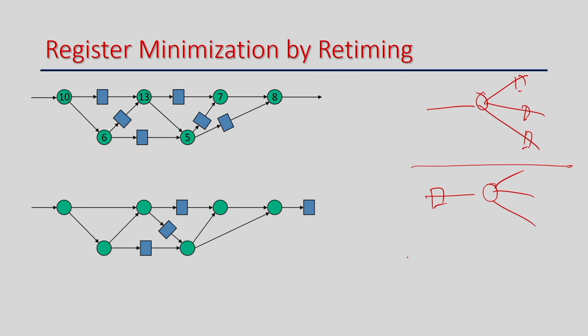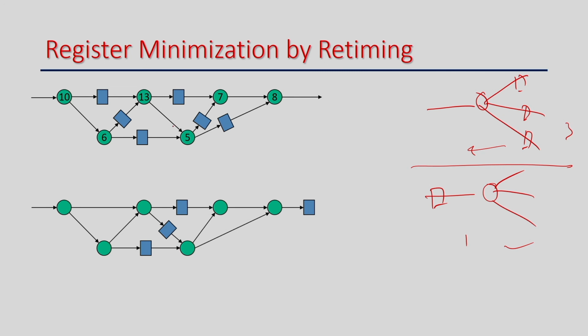So I can move this way, and the resultant circuit still has latency 1, but this circuit is better in terms of the number of registers, because here I need 3 registers and here I need 1 register, but the functionality of both circuits is the same. So I can utilize retiming to reduce, to minimize the number of registers as well, right.